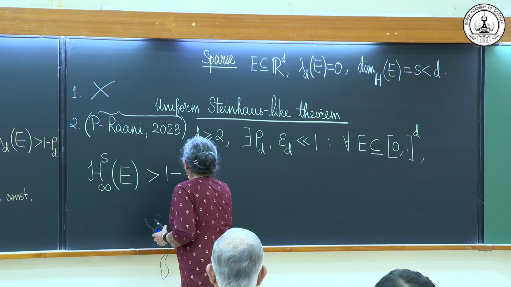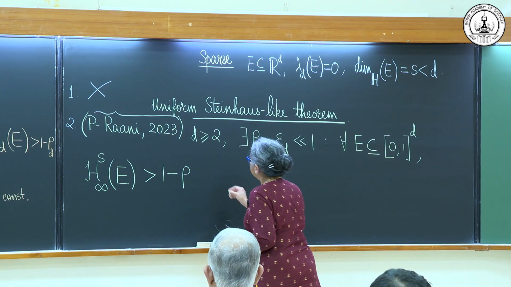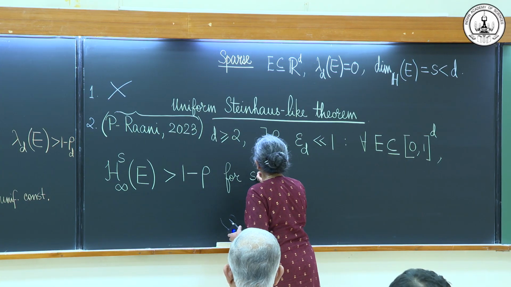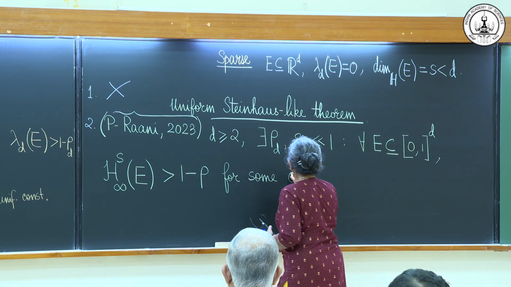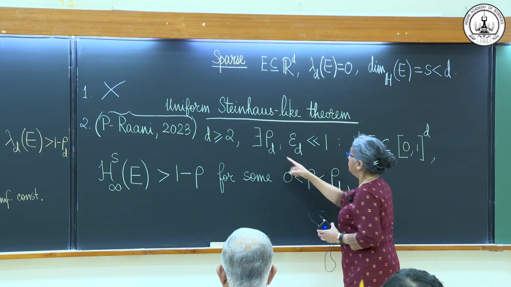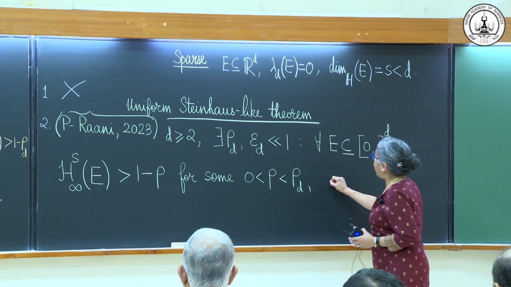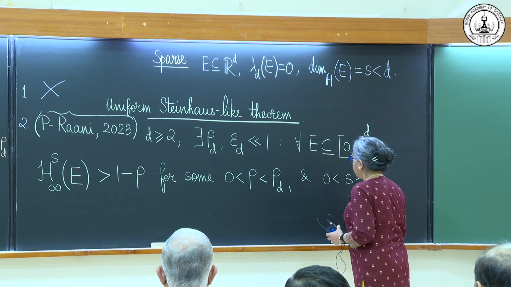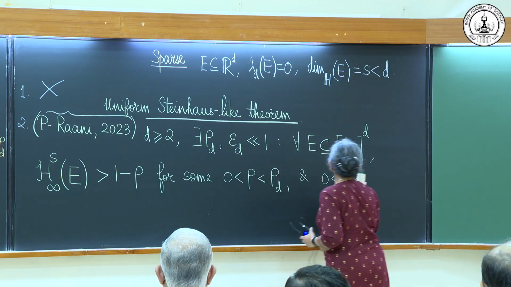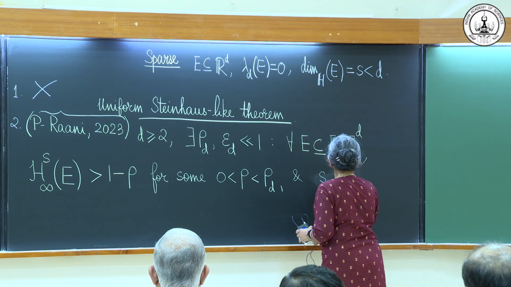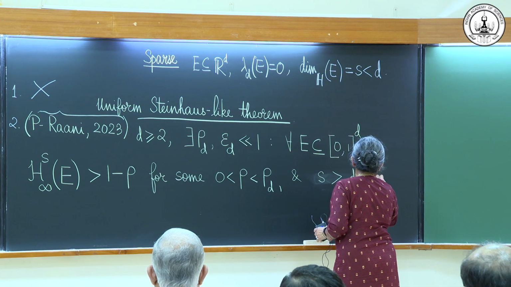So this is the size condition. This is a large set for some rho below this threshold and some s that is bigger than d minus epsilon.